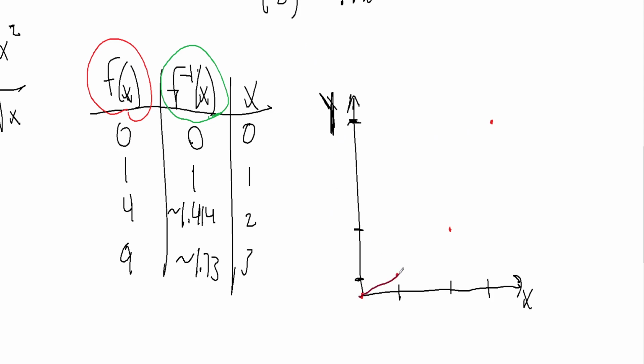So we have something like this going on. And then for our inverse, we have 0, 0, 1, 1, 2, 1.4, and then almost 2. And then if we connect those dots, something like that.